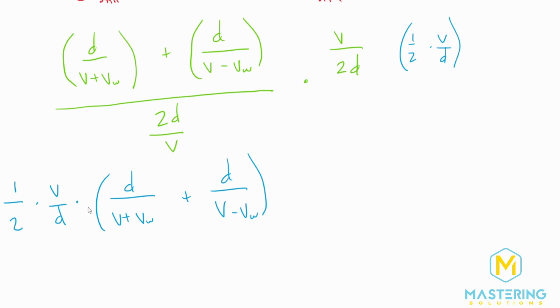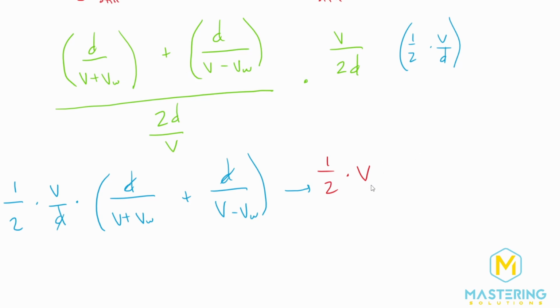Now when we simplify this, the d's will simplify. Let's write that again, because these steps can get really confusing if you don't show all the steps. So now we have 1/2 times v, because it's essentially v over 1, since we simplified the d.